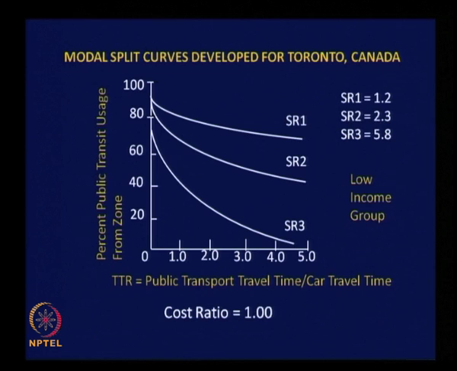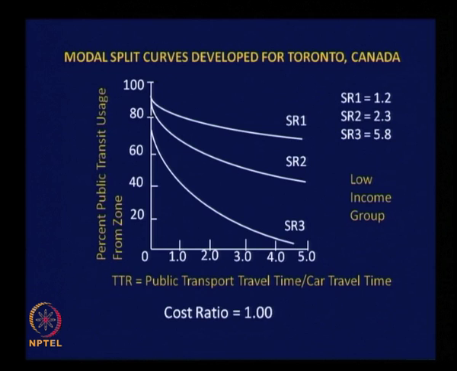Even though these are simple graphs, they are very sensitive and significant in nature. You can find out the mode choice situation for any complex situation, because we have put in so many factors into it: travel time ratio, service ratio, cost ratio, as well as something to represent the socio-economic characteristics of travelers.